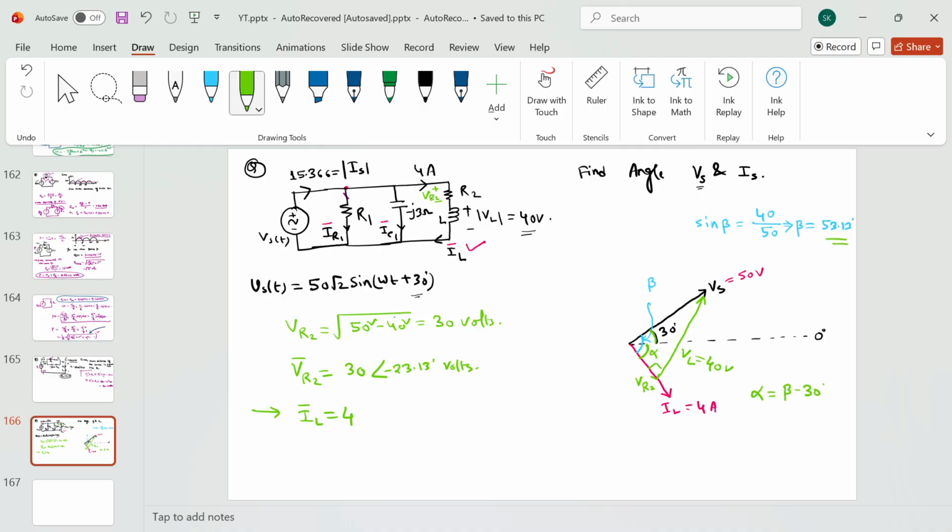And beta 53.13, 53.13 minus 30, it will be minus 23.13 degree ampere.